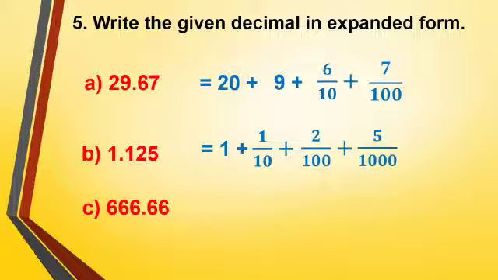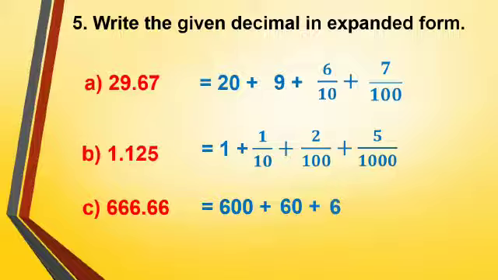The next given number is 666.66. Here, the 6 is at hundreds place, so it is equal to 600. Again, 6 is at tens place, so it is equal to 60. And 6 again is at ones place, so it is equal to 6.